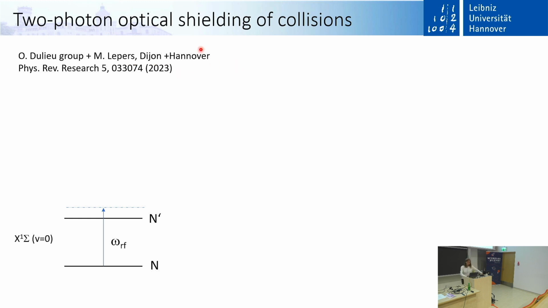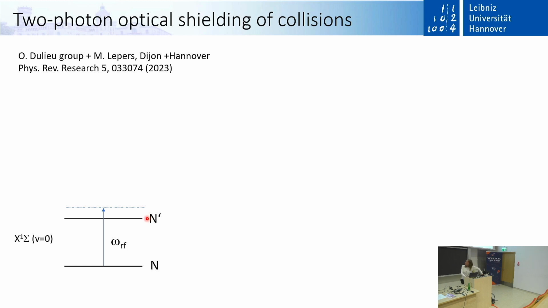What's the idea? Well, the microwave shielding scheme works in such a way that you couple a rotational ground state with some rotationally excited state of different parity, and thereby induce an effective dipolar repulsive barrier between colliding molecules.